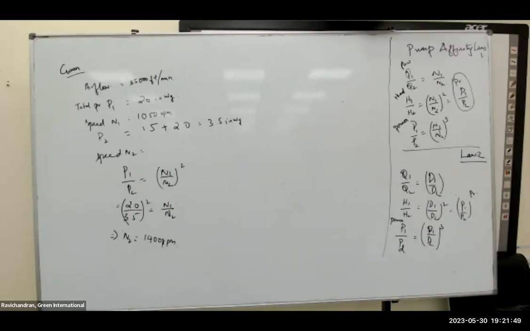Q is flow, H is head, and the bottom P is power, and this is pressure. Don't get confused in this. For power it is cube, and for pressure it is square. This is power, and this is pressure. The same here.